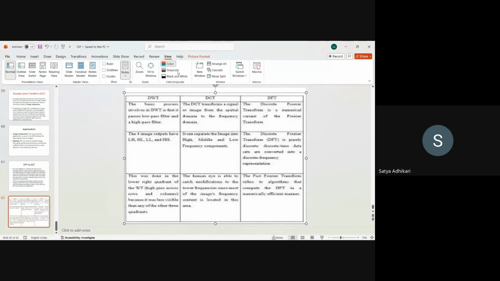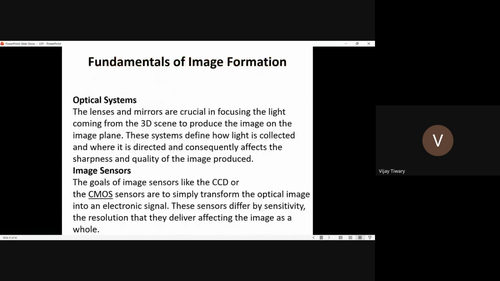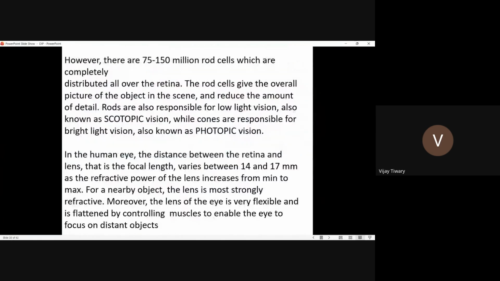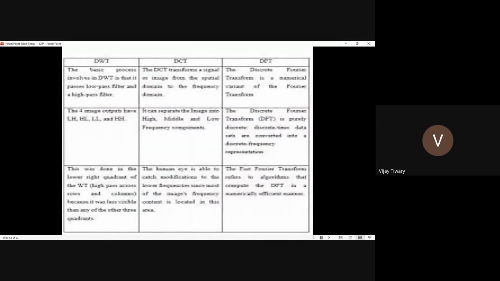Clear, not clearly written. Okay, I will see it.